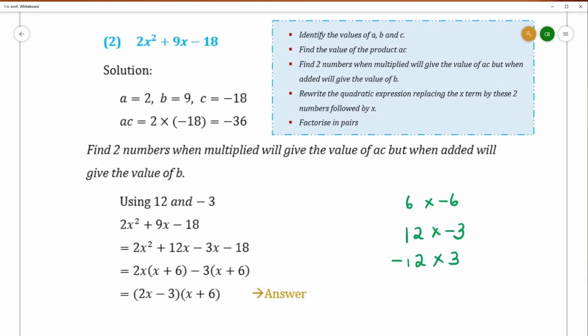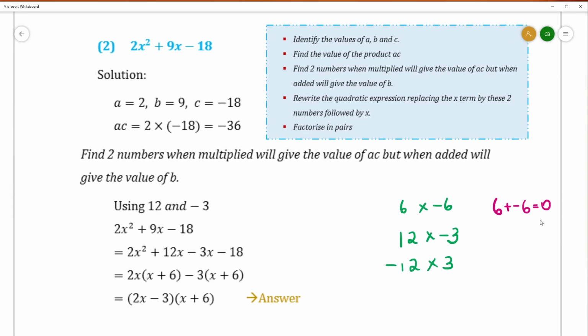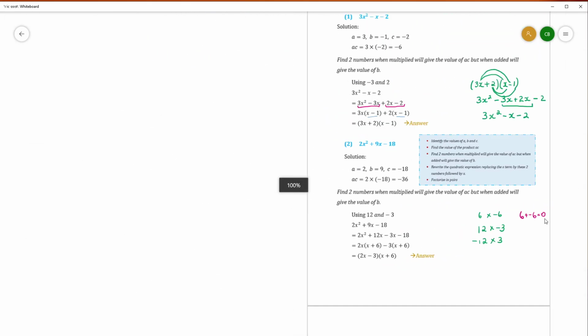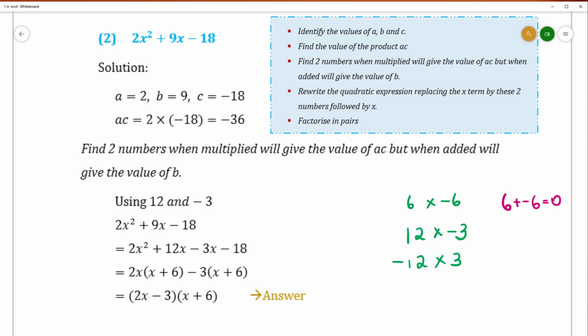But our second criterion is that when we add them, we need to get 9. So if we add these, we are going to get 0. So this is not it. For the other combination, we have 12 plus minus 3, and this will give us 9, which is the value of b that we need.